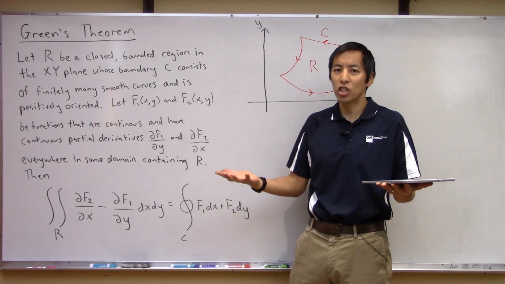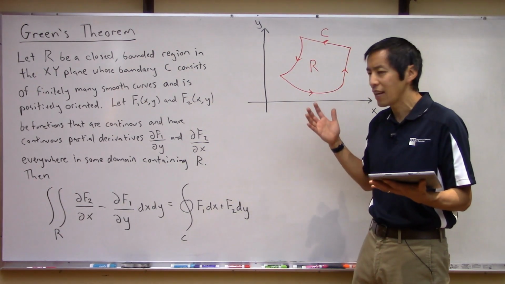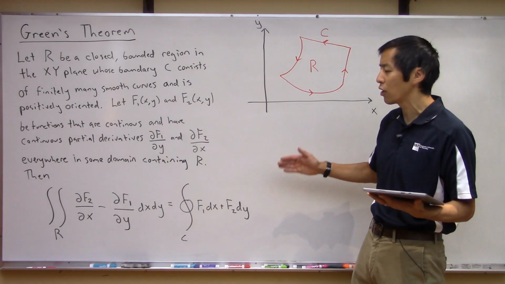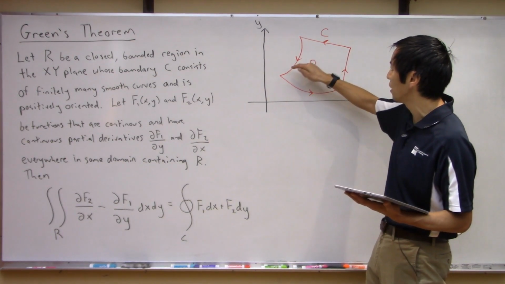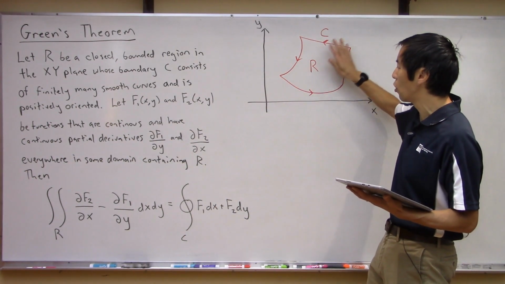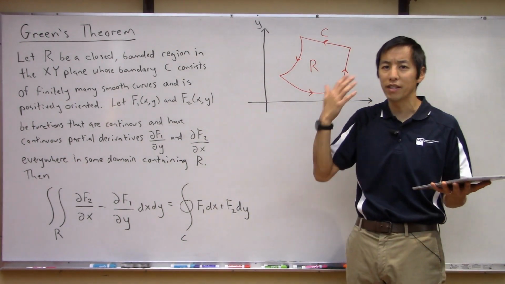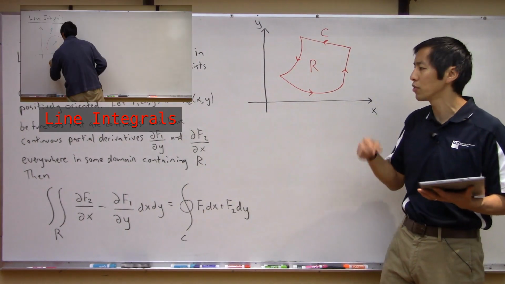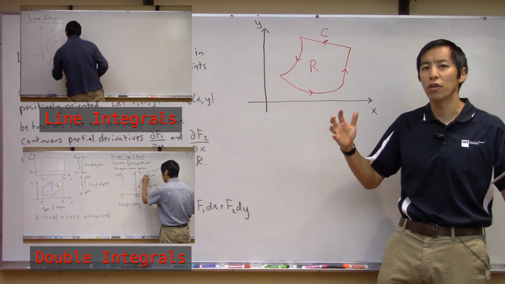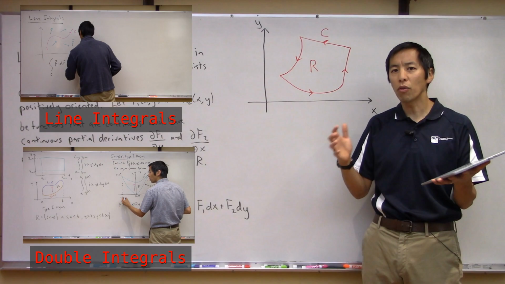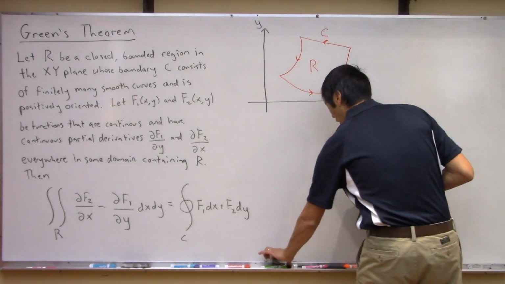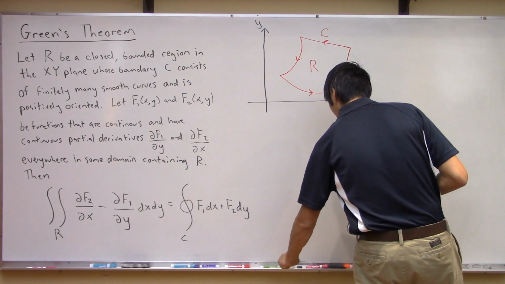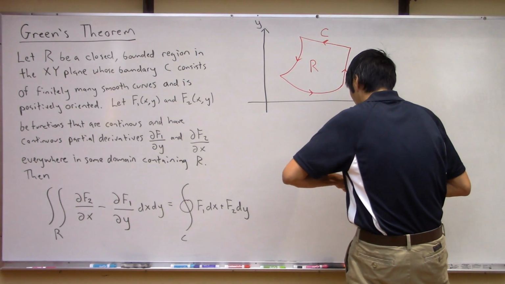So that's the general setup of Green's theorem, and at the end of the day, what it's really talking about is relating a line integral over this curve C to a double integral over the region R. And again, remember, we had dedicated videos talking about line integrals and double integrals. So now here in this discussion, we want to look at how they could be potentially related in this particular special case.